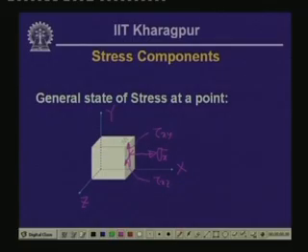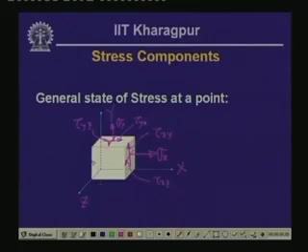Likewise, on this plane we will have stress acting in the y direction, the normal stress, which is sigma y. In the positive direction of x on the y plane, we have the shearing stress designated as tau yx, and on the y plane in the z direction we have the stress which we designate as tau yz.